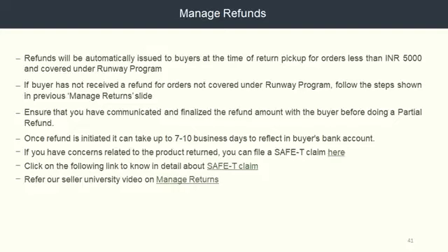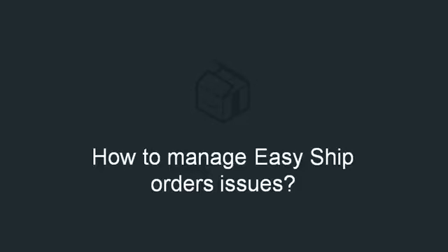If the buyer has received the product, opened it, and the product has been damaged due to the buyer's fault or the fault of the courier partner, then the seller has an option to file a safety claim for such products. Let's see how to do it, how to manage Easy Ship order issues.